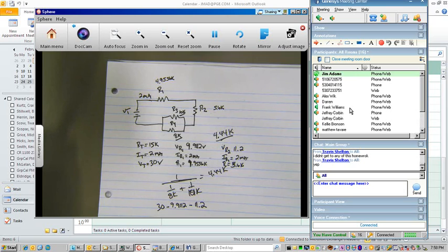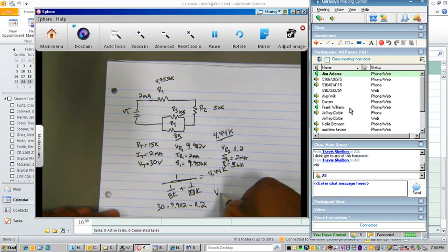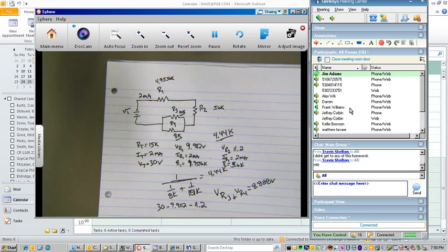Because all the current that goes through R1 also goes through R2. And since R2 is 5.6K, the voltage across R2 should be 2 milliamps times 5.6K, 11.2.